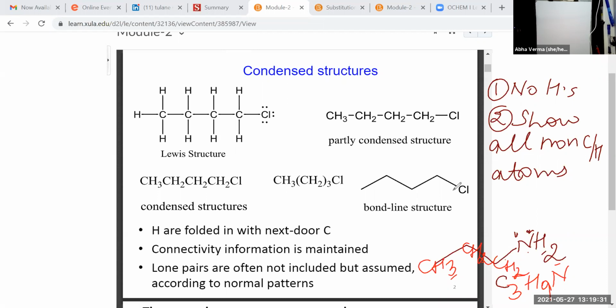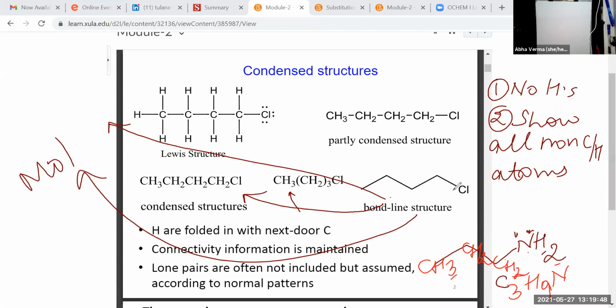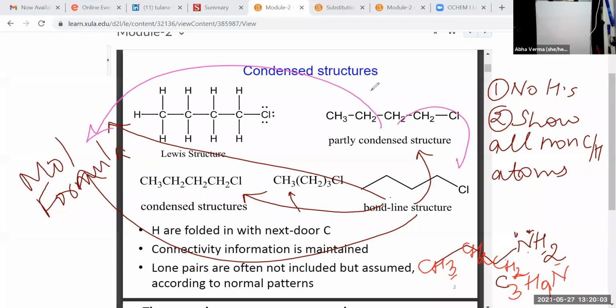If you're being asked, for example, from a bond line structure, I can ask you to draw a Lewis structure. From the bond line structure, I can ask you to write a condensed structure, or to write the molecular formula. Or a partly condensed structure. And from a partly condensed structure, I can ask you to write a molecular formula, or a bond line structure.